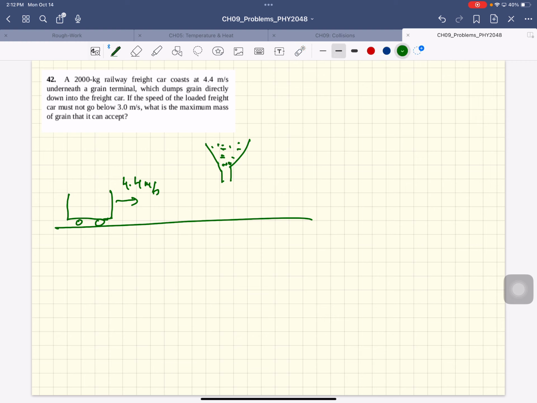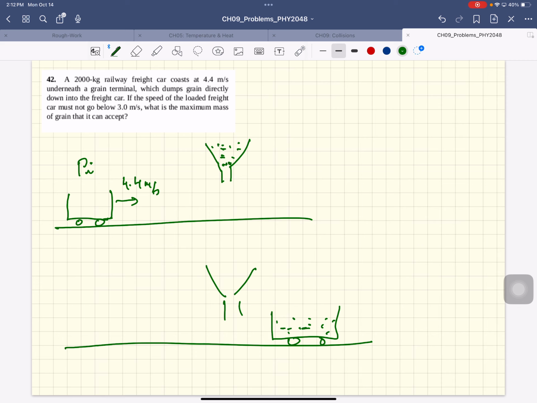So here is the initial momentum, and now the grain chute is empty, and the grain is in the car, and you want this guy to go at 3 meters per second. So here's the final momentum. All the forces that were acting on the system added up to 0.